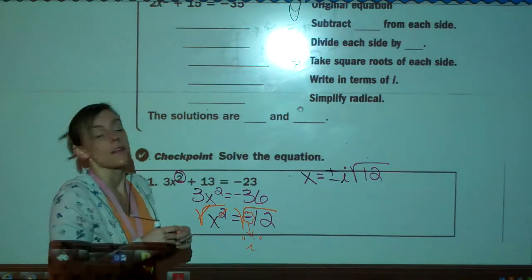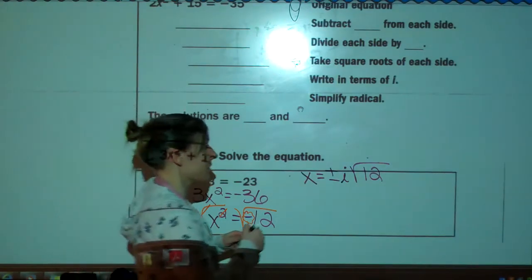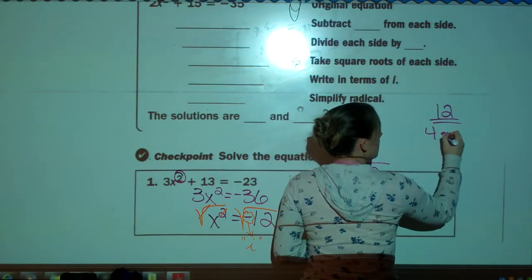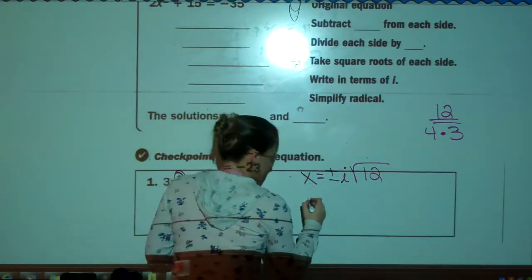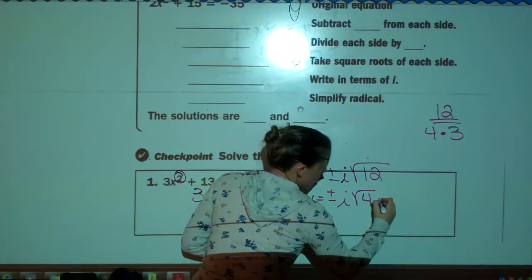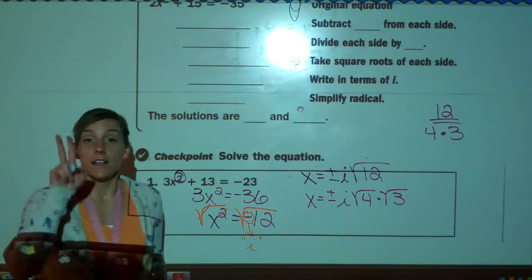Okay, that 12 doesn't square root completely, but we can simplify it. So off to the side, the factor pair that we care about is 4 times 3, because 4 will square root. So let me break it down just a little bit so that you follow me. So it's the square root of 4 and the square root of 3, and then we know that the square root of 4 is just the number 2.